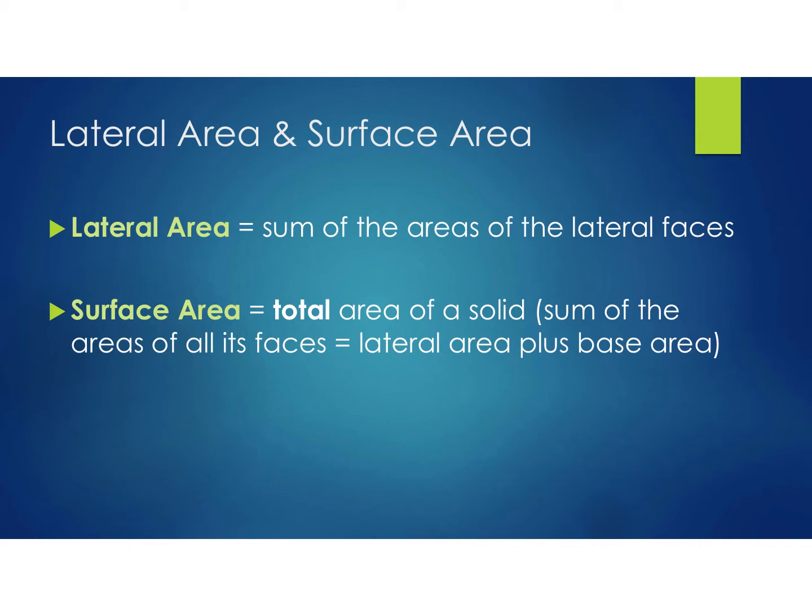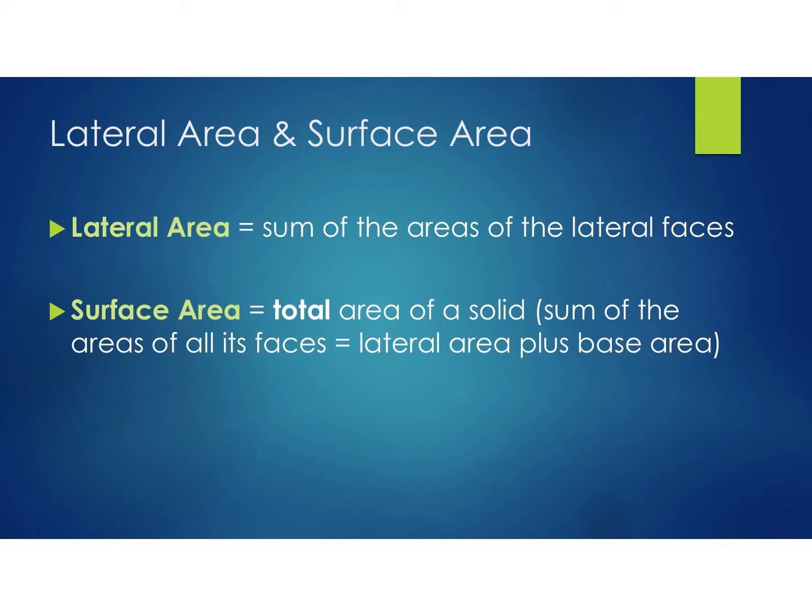The surface area, or the total area of your solid, would be adding up all the different faces. In the case of a prism, you would have two bases and then all the lateral faces. In a pyramid, you would have one base and then all the triangle lateral faces.